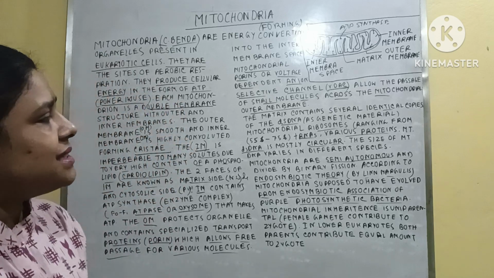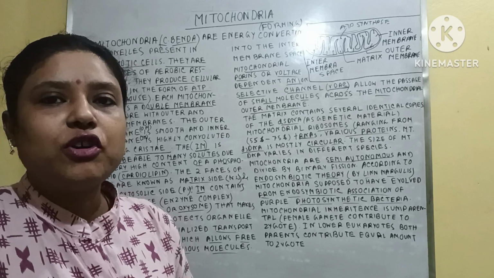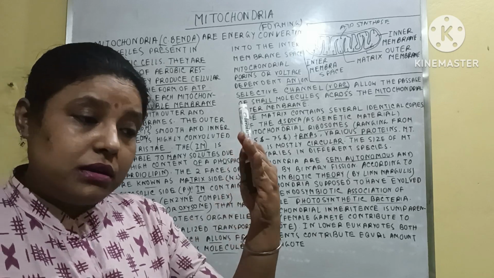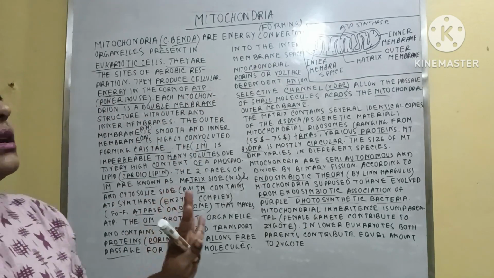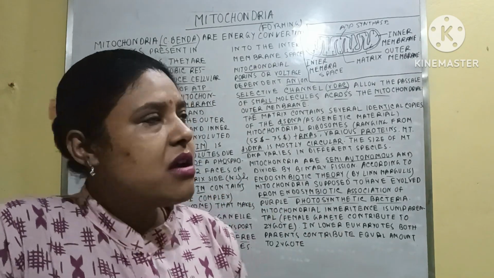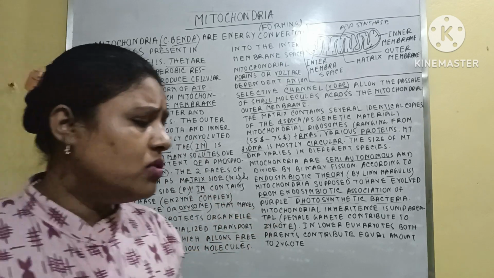And another thing is that photosynthetic bacteria are responsible for the production of mitochondria during evolution. So this is the structure of the mitochondria. Very briefly I explained here. I think you all totally understood this.